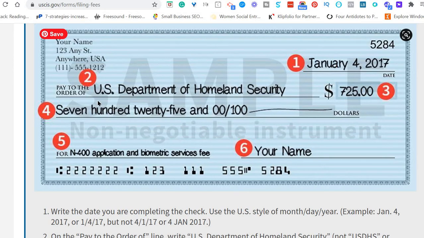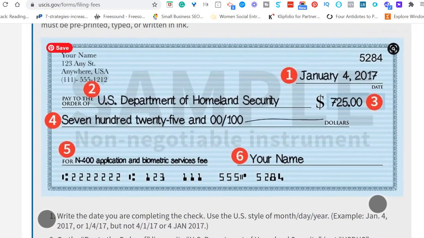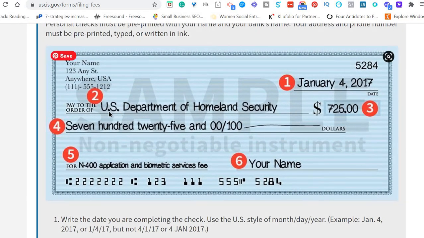I'll put the date here, and in their instructions I saw that it's advisable not to put US here, but to put the full name, United States Department of Homeland Security. And then you write down the number here as well in written form, and the I-751 application and biometric services fee, and here I'll put my name and the name of my son.